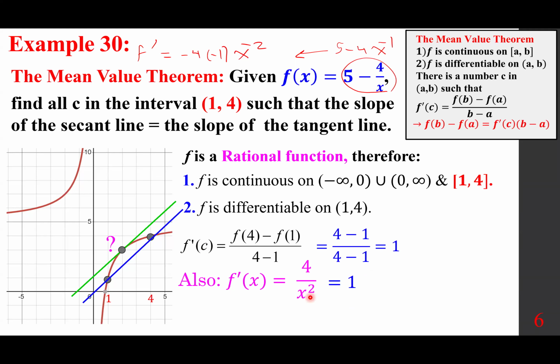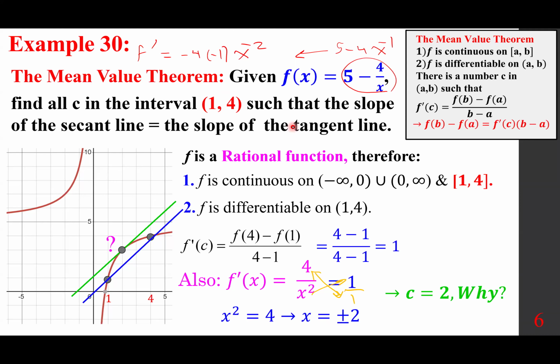This means x squared, let's just do the cross product, right? That means x² is 4, x is plus minus 2. And in the given interval of 1 to 4, only 2 works, okay? Why? Again, because -2 is not in the given interval.